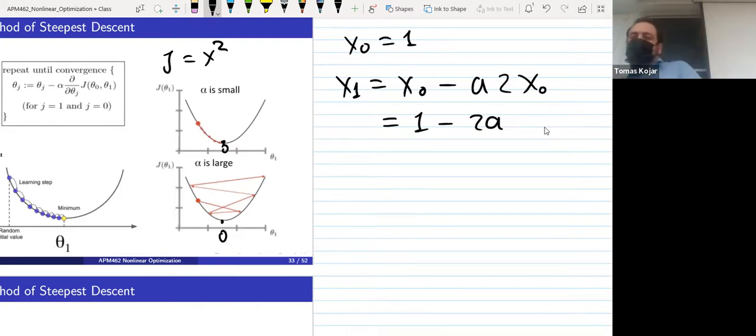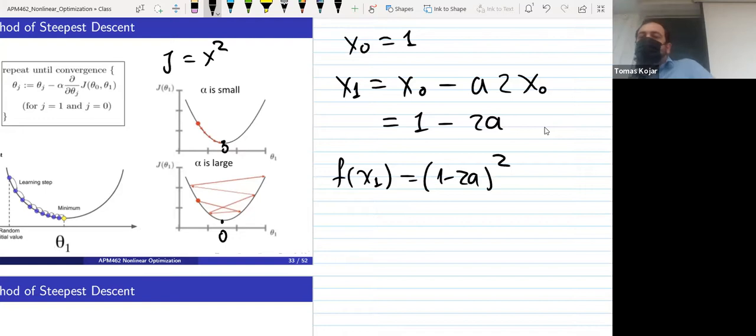But how do you pick alpha? You want f of x1, so (1 minus 2 alpha) squared, to be less than the previous step, f of x0, so 1 squared.